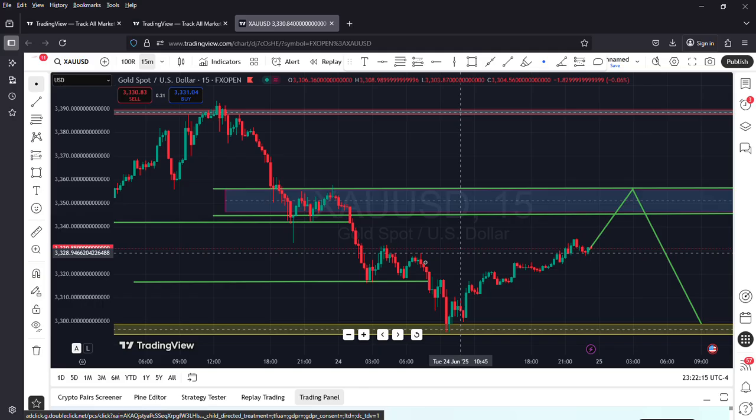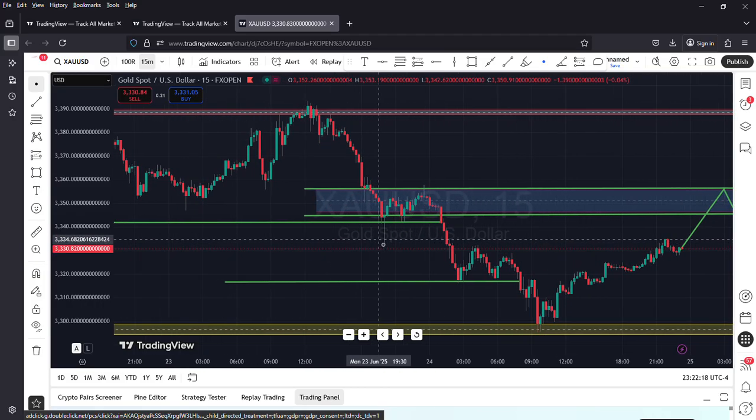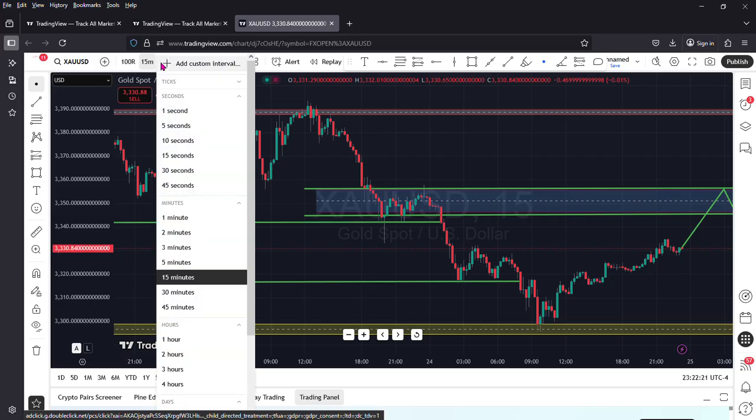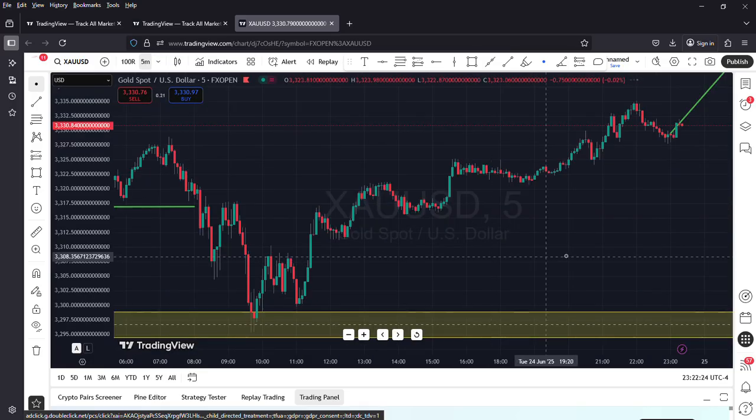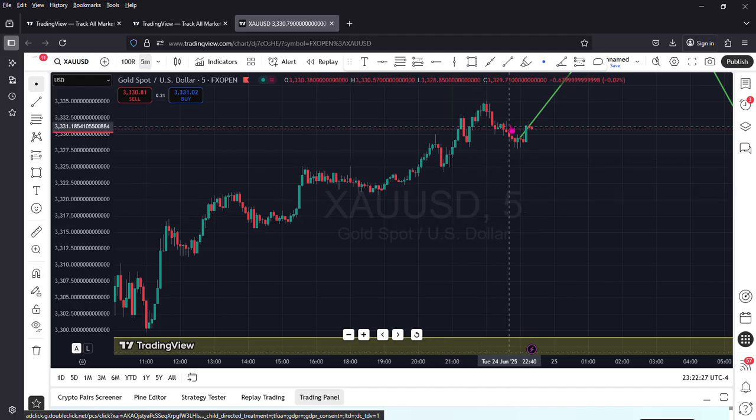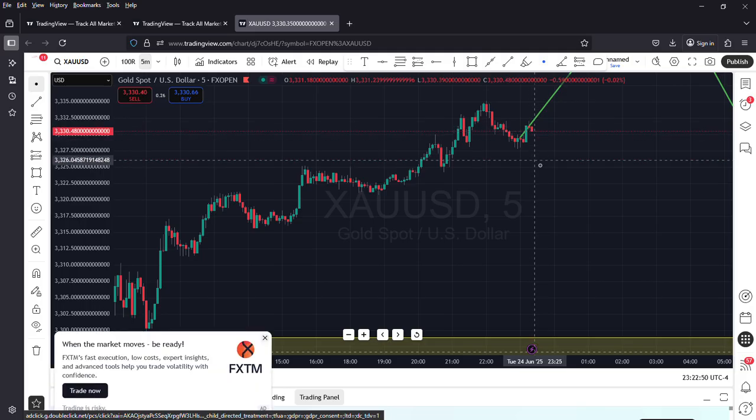So why is it in our 5-minute time frame? In the 5-minute time frame, we have the sellers and the buyers dragging in the market. It came higher high, higher low, higher high, higher low. Coming into this zone, the movement started being boring, so it pulls back to this zone. That means the sellers are now entering into the market.